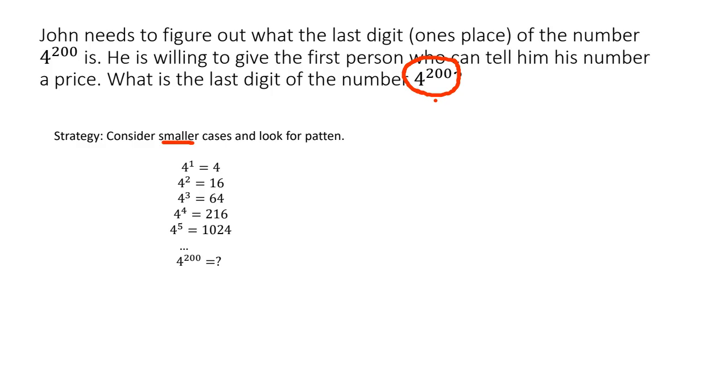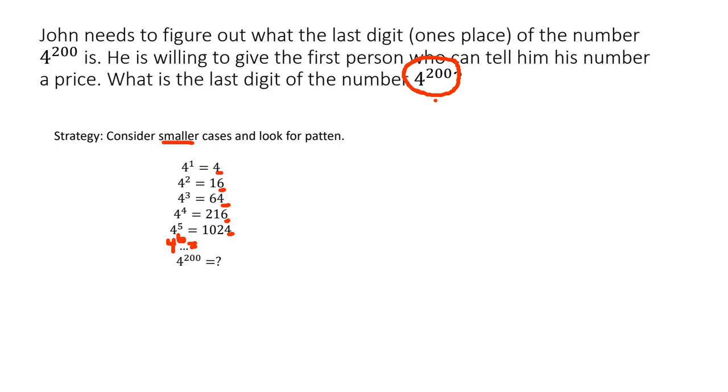If you're not able to see a pattern yet, then you can keep going a little bit further, see if you see a pattern. But what is happening here, it looks like I'm alternating between 4 and 6 for my last digit in the ones place, right? So for 4 to the 6, then I can assume that this would be ending in a 6, right?